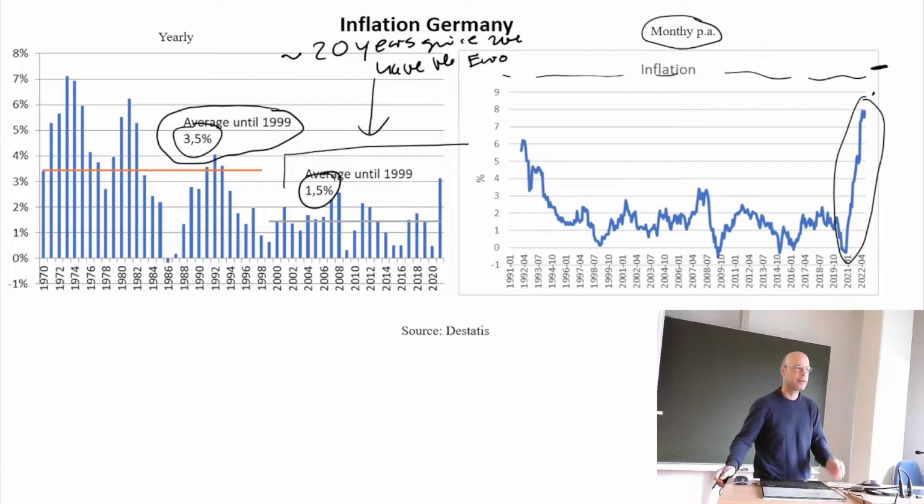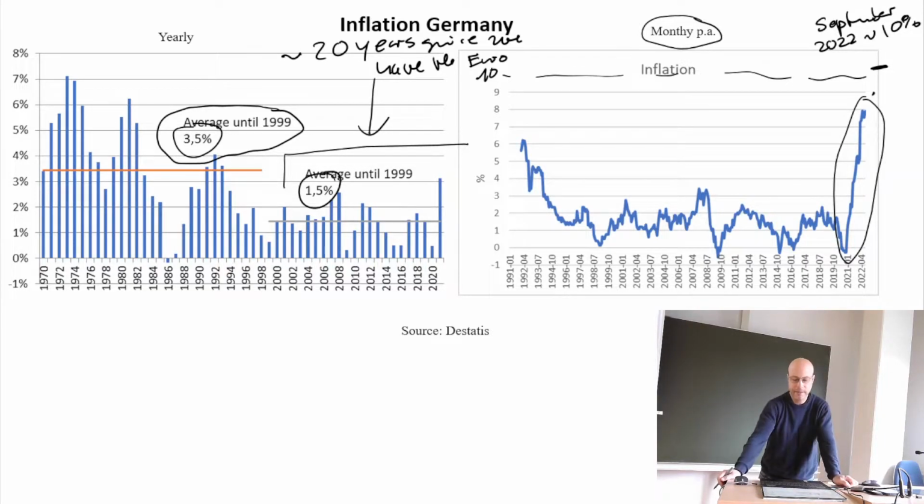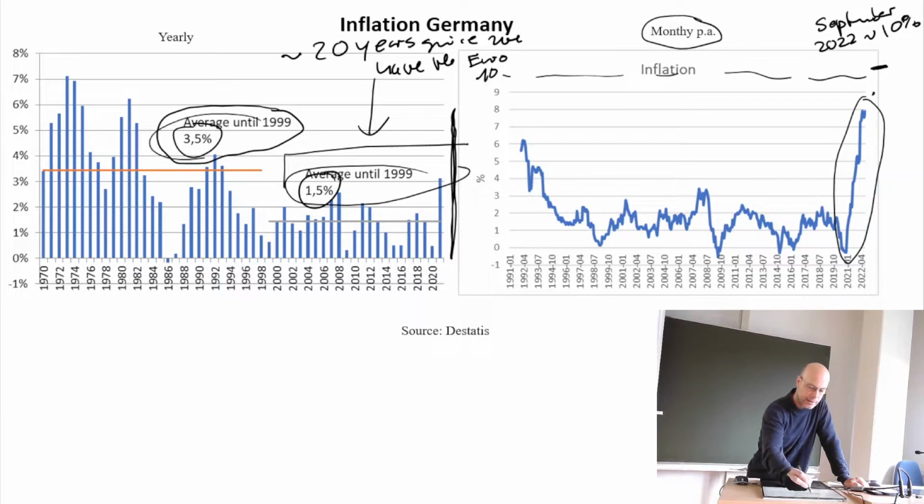This was the last one, I think, in September 2022, we had roughly 10%. So, of course, we will move up here in the actual situation, but this still means for the average inflation rate during the times with the euro that this was much lower than the average inflation rates during the time when we didn't have the euro.